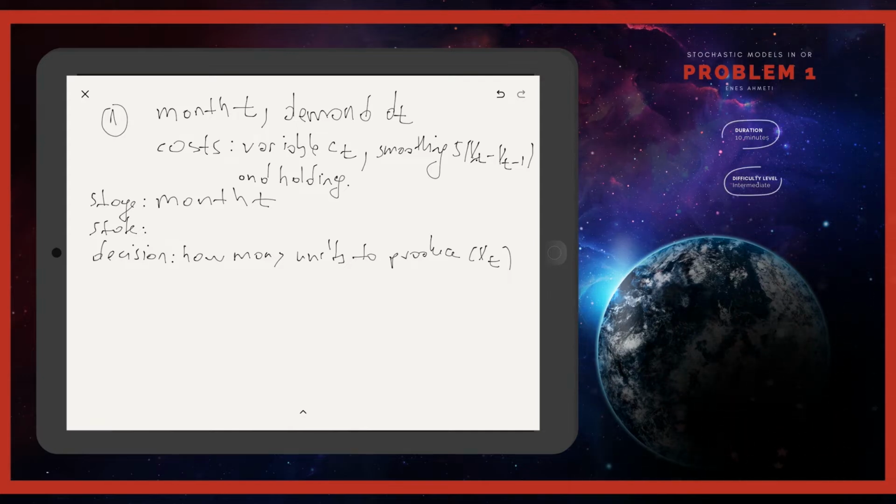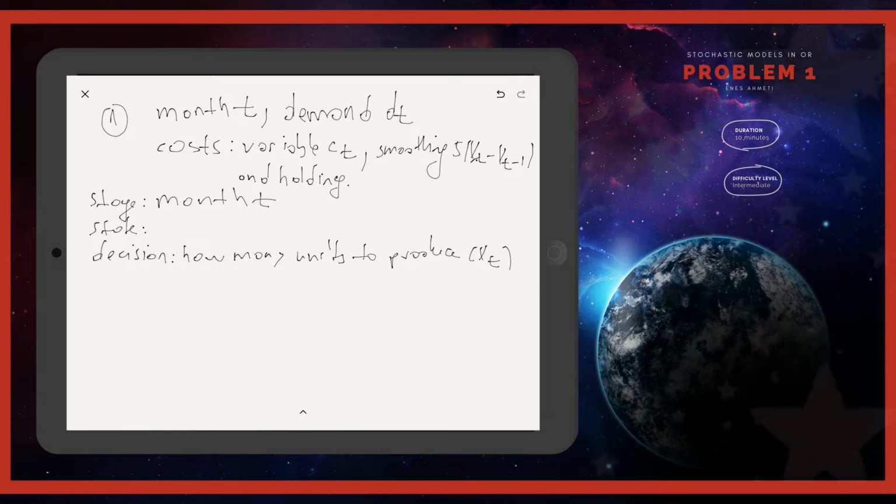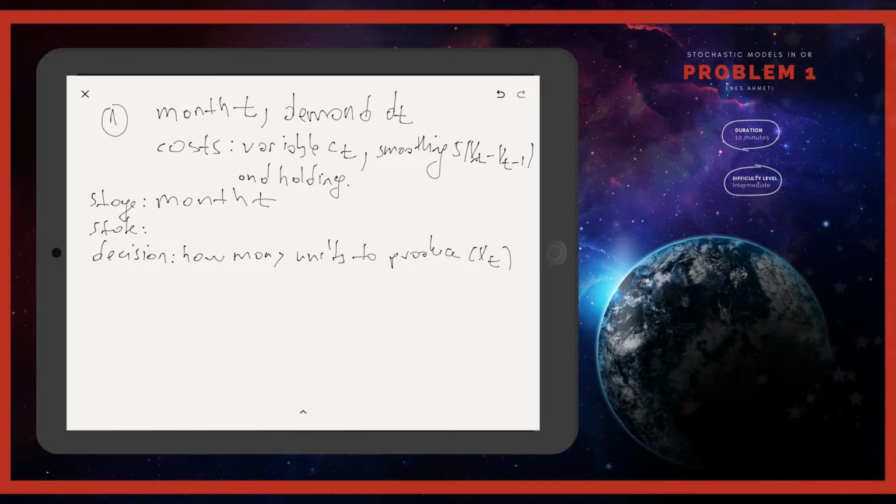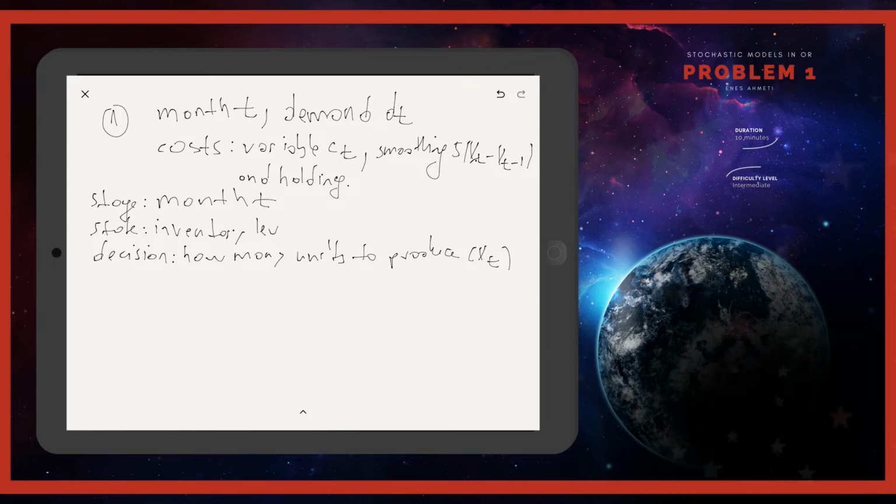And in order to make a decision, what do I need to know in this case? I need to know the inventory level, so how many units I have right now. That's the first thing I need to know: the inventory level, IT.